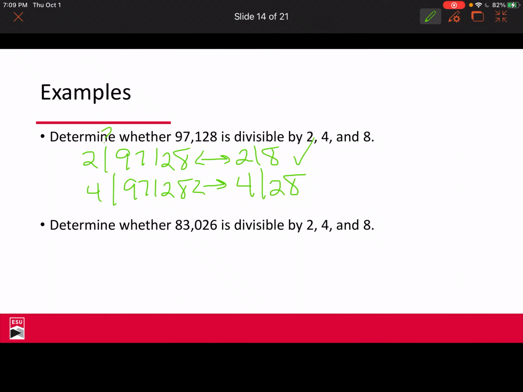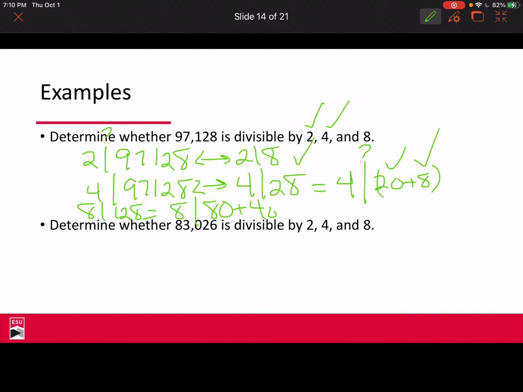So 4 times 5 is 20, plus 8, it divides 20, divides 8, so it does. So it's divisible by 2, divisible by 4, and then 8 divided into 128. So let's see, does 8 divide 80 plus 48, right? That's 128. Oh, it divides 80, and 6 times 8 is 48. So this 97,128 is divisible by 2, 4, and 8.